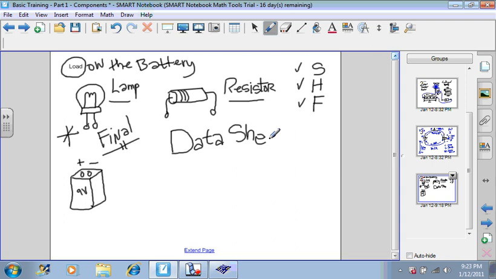This is where the information is kept. And what information do you need? Well, to begin with, you need the amount of energy that it needs to work. And we call that voltage.